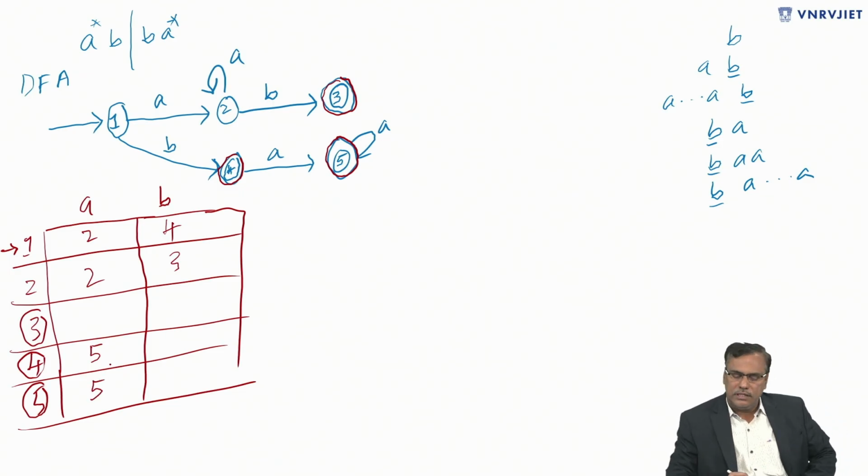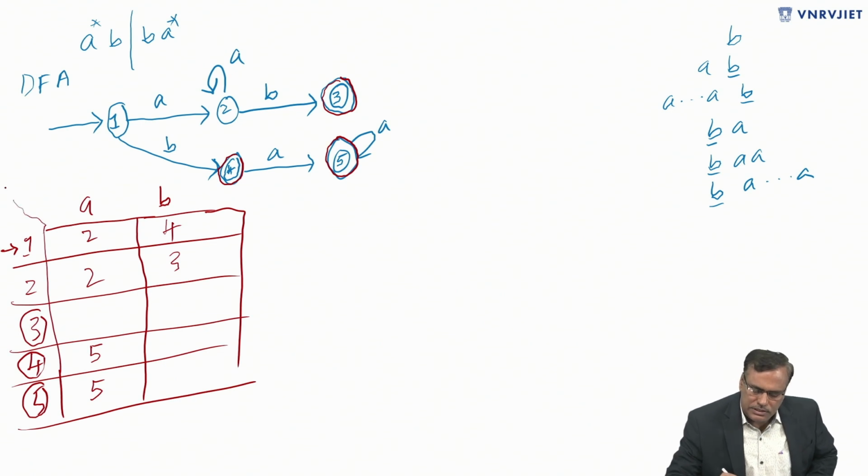So this is the transition table of this DFA. That is delta for this DFA. The transition function is Q cross sigma.